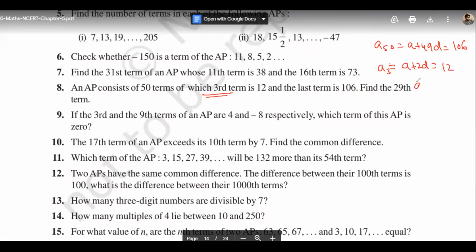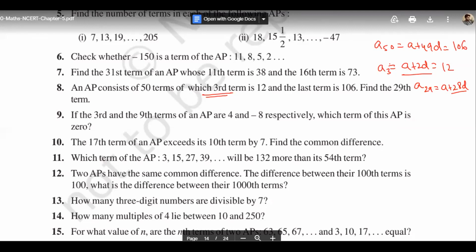And it is being asked what would be its 29th term. So A29 will be equivalent to A plus 28D. So आप elimination method use करके इसमें D की वैल्यू कैलकुलेट कर लीजिए पहले. फिर किसी भी एक इक्वेशन में D की वैल्यू पुट करिएगा तो A की वैल्यू भी मिल जाएगी, फिर आप A और D की वैल्यू इसमें पुट कीजिए, आपका आंसर आ जाएगा, बिल्कुल ऊपर वाले क्वेश्चन की तरह, exactly similar. Okay, should I move to the next question?